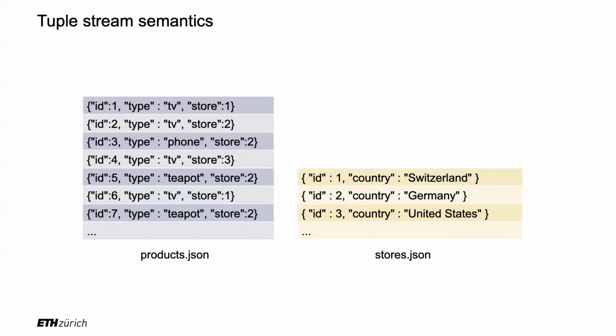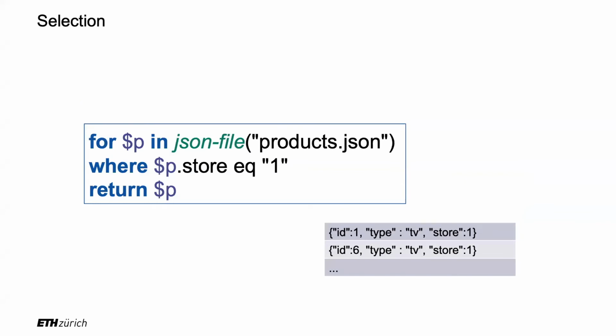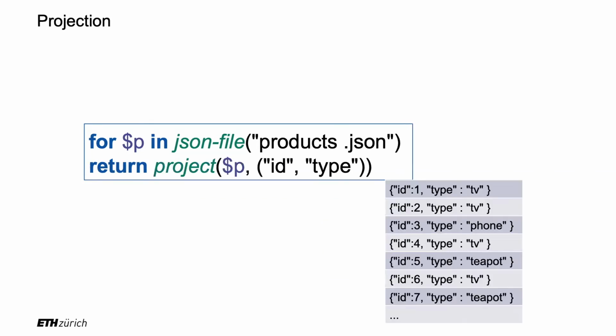So let's do a few queries in there. Selection, as you know, in SQL is with the where clause. Exactly the same in JSONic. Selection is with the where clause. So here we select all the products where the store is one, and we get that. That's selection. Projection, there is this project function.